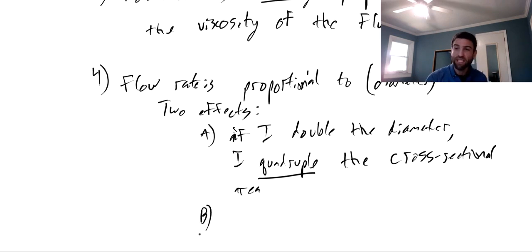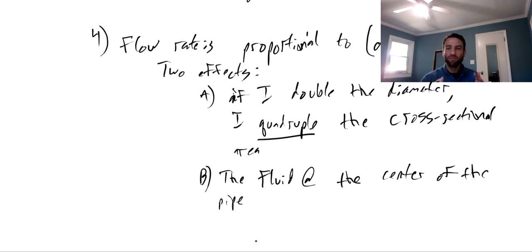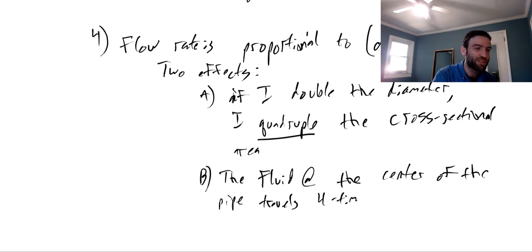But the other effect is that the fluid at the center of the pipe can also travel 4 times as fast if the diameter doubles.